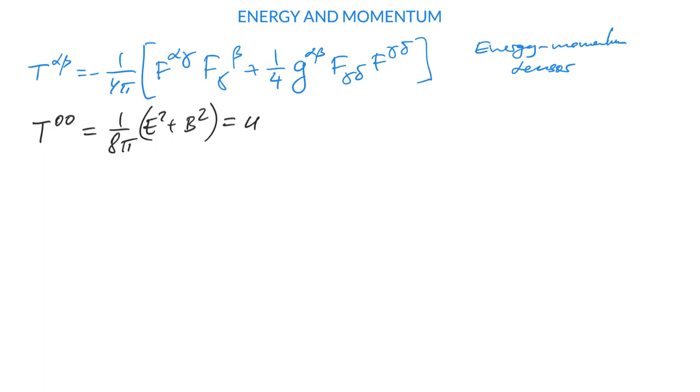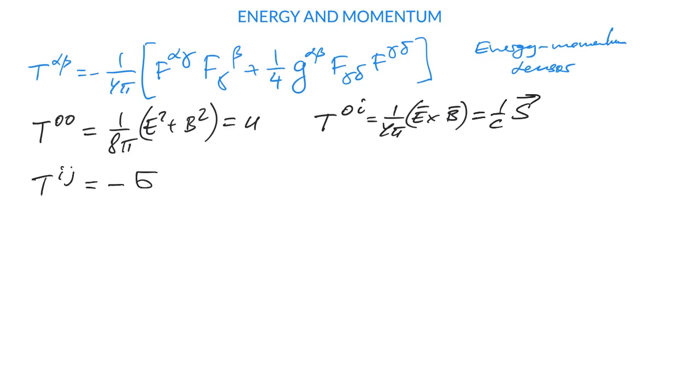The three mixed components, T^{0i}, are given by 1 over 4π E × B, which is 1 over c times the Poynting vector. And the space-like components, T^{ij}, are given by the negative of the Maxwell stress tensor.